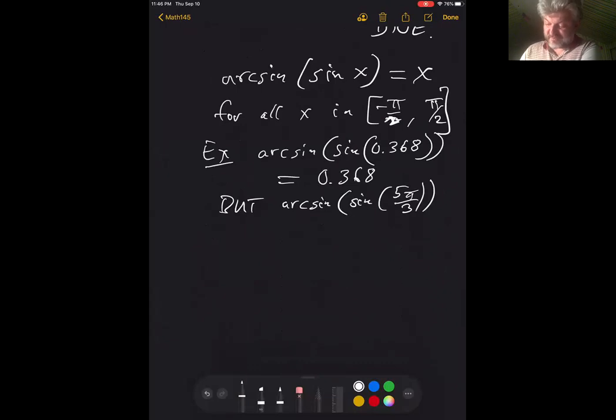We actually have to work this out. This is the arcsin of, what's sine of 5 pi over 3? One of the nice angles. This is 60 degrees less than a full turn, so it is -1/2 square root 3. And that is negative pi over 3.